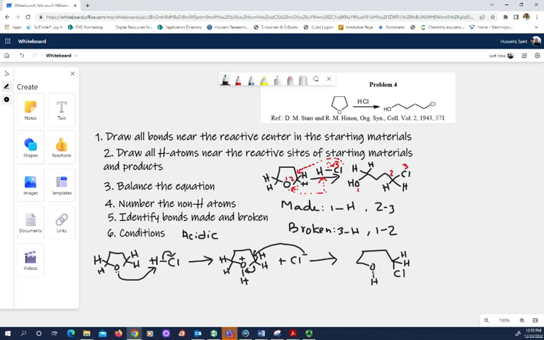Now, even though it doesn't look exactly like this, the number of atoms are the same and they are connected the same way, so it is the product.